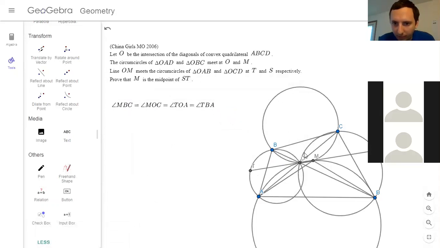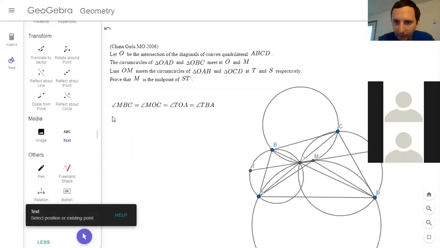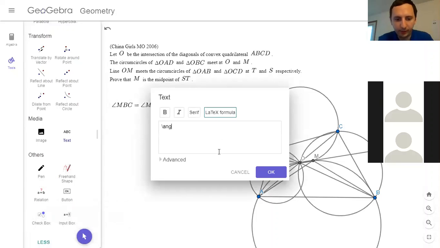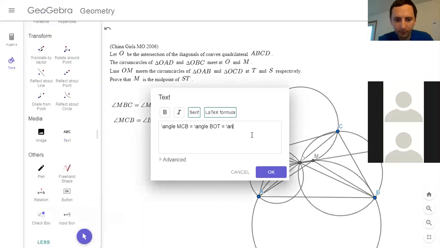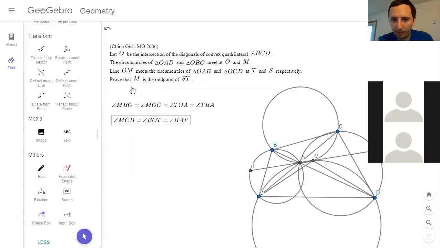And then by the same argument, we have angle MCB is equal to angle BOT, which is equal to angle BAT. So MCB is similar to BAT. Hold on a sec. Or BTM is similar to BAC.